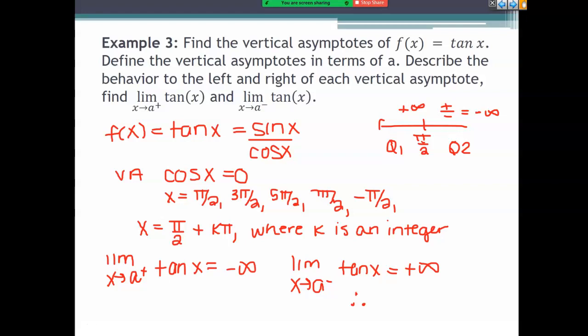Therefore, the limit as x approaches a does not exist. And technically, since I used a in my limit, instead of saying x equals, I should have said a equals pi halves plus k pi, so that a was representing my asymptotes.